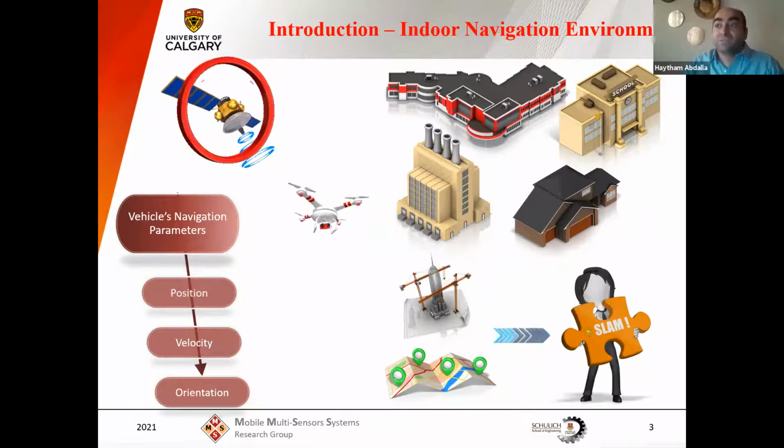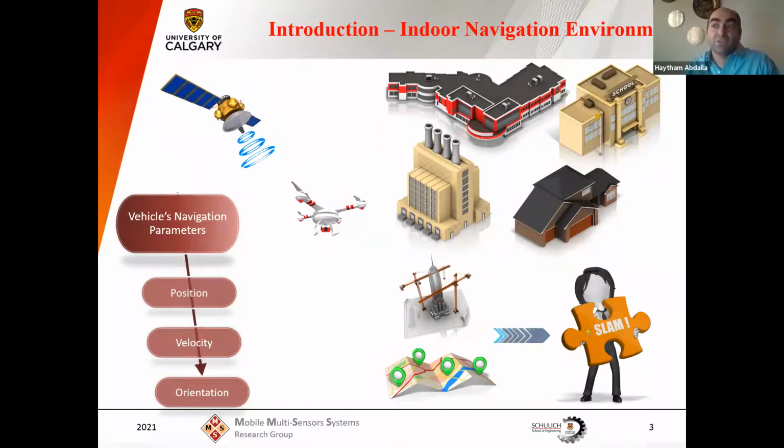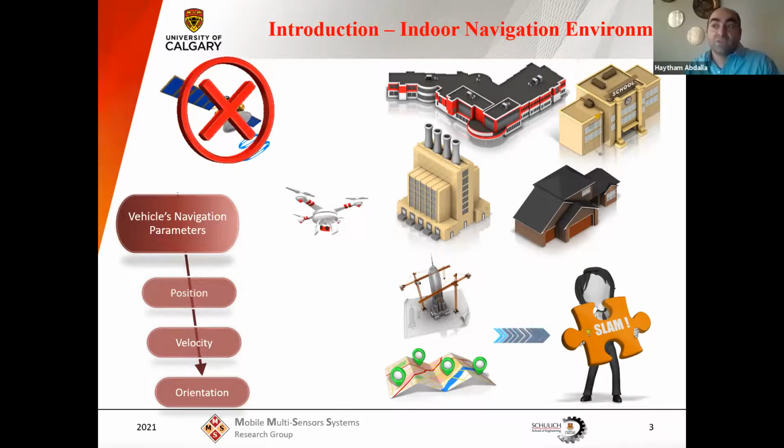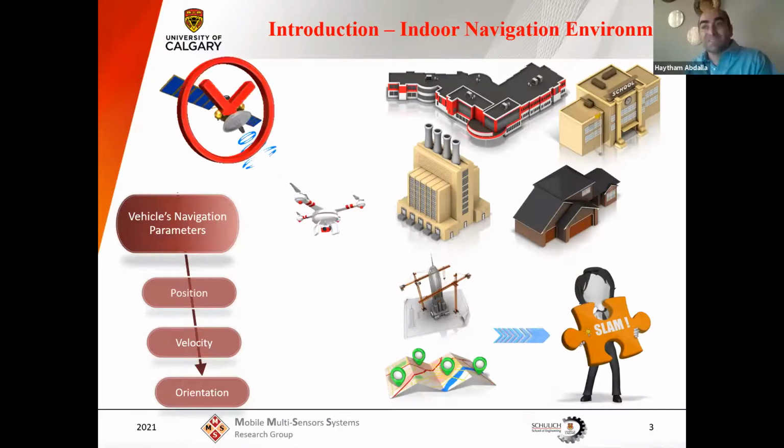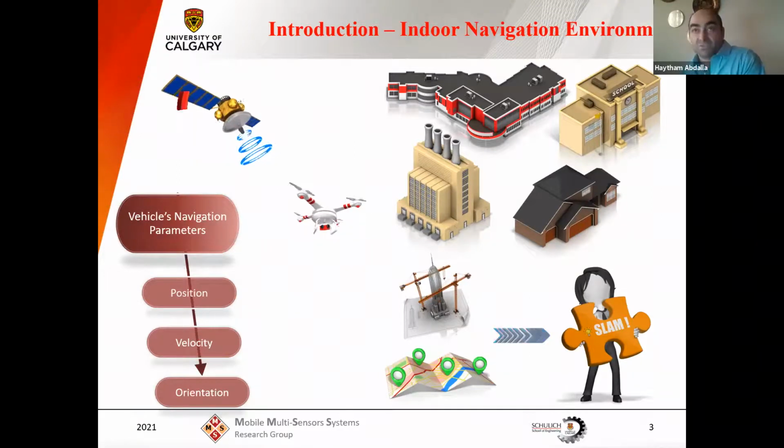If it estimates bad navigation parameters, which are position, velocity and orientation, this will have a great impact on building the map. There will be a problem for the scan matching process and building a good map. So the two processes are coupled together. To build a good map, the vehicle has to estimate good navigation parameters.